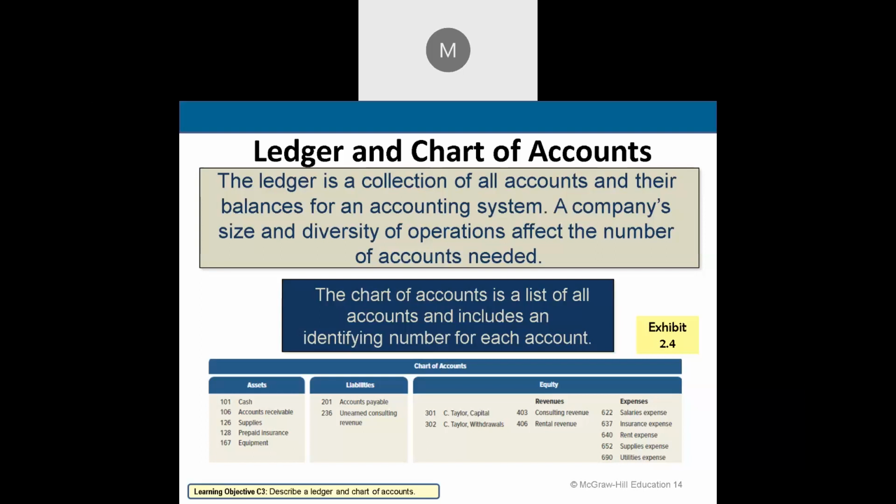All the equity start with a 3. Then a 4 and a 5 and a 6, so forth and so on. That's why those numbers exist. It signifies its category within the chart of accounts. So when you hear the name chart of accounts, think a list of all the accounts used for the business, and they're categorized using a number.